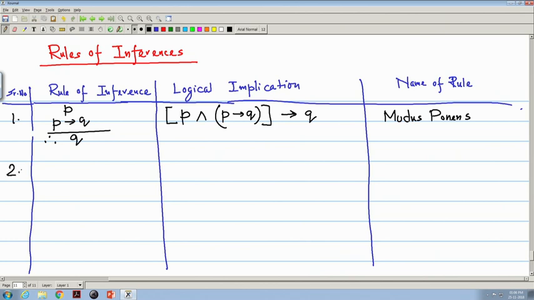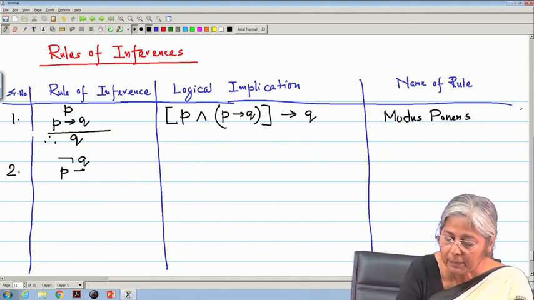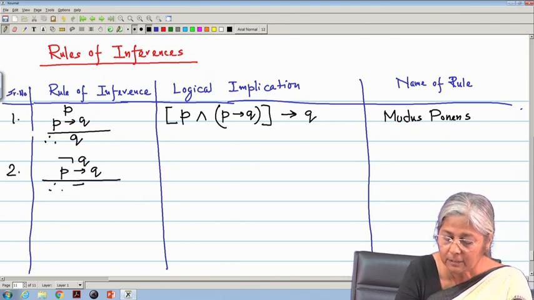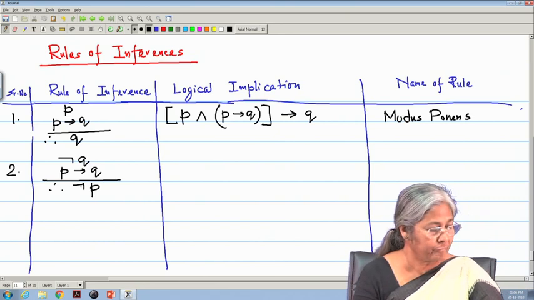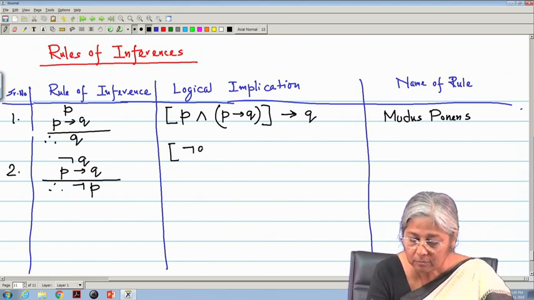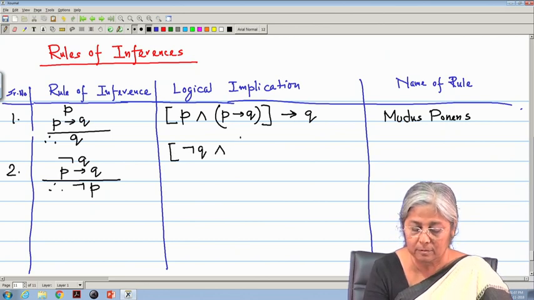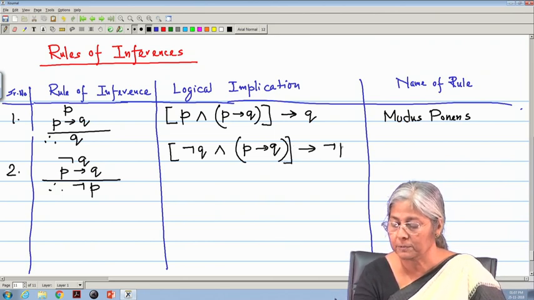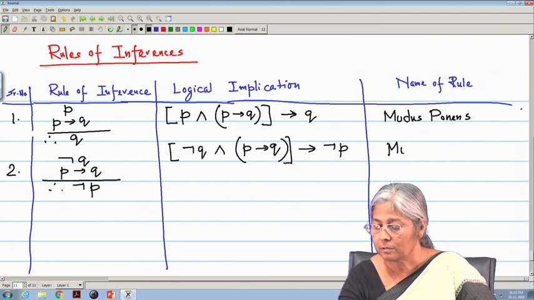We have seen the second one, negation Q and P implies Q, that results in negation P. So, the logical implication is negation Q and P implies Q, these imply negation P. It is called the modus tollens.